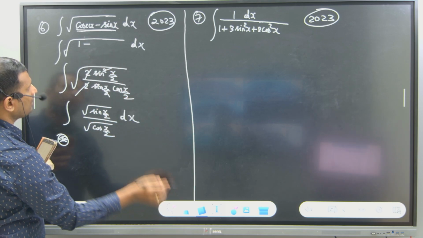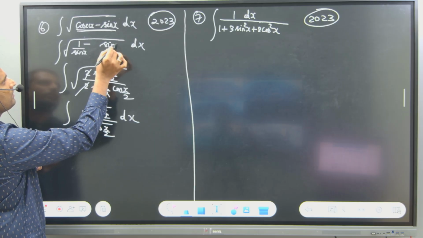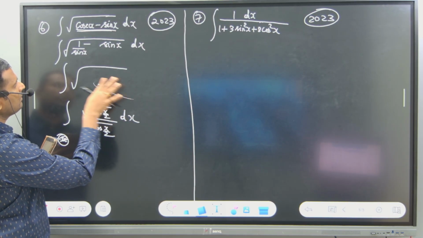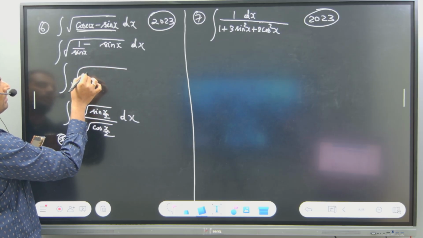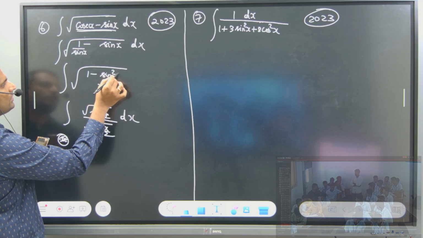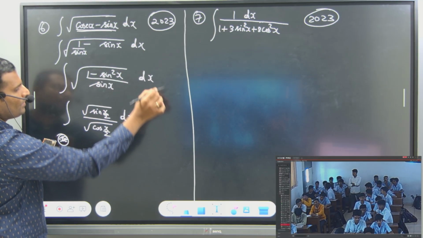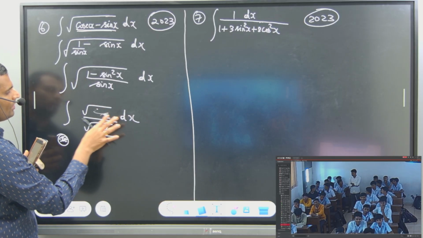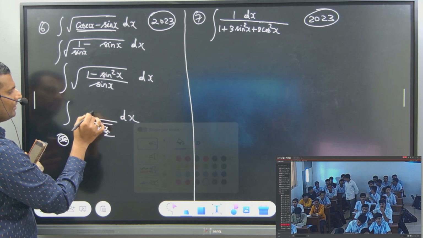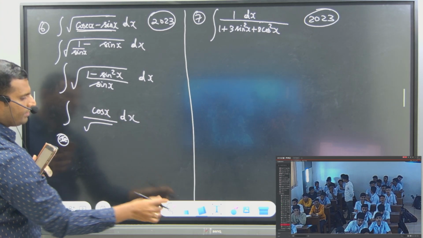So here 1 by sine minus sine. When we take the LCM, what will you get? Take the LCM, what will you get? 1 minus sin square x by sin x. What is 1 minus sine square x? Cos square x. Root and square will get cancelled. So here you will get cos x, and in the denominator sine.